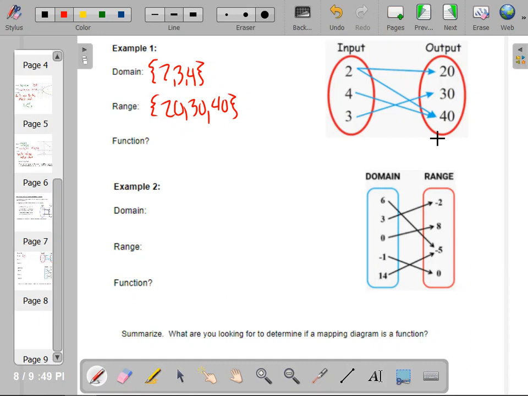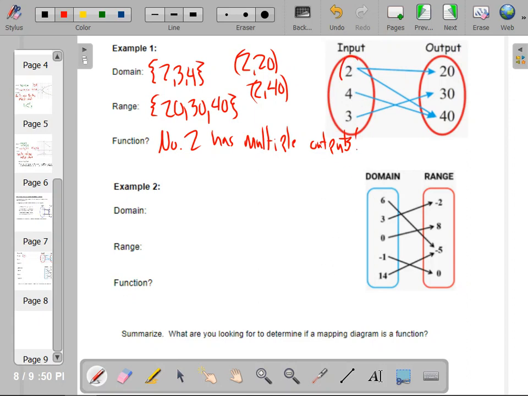If I listed out the ordered pairs, one ordered pair is 2, 20, and another ordered pair is 2, 40. Wait a minute, 2, 20 and 2, 40. Right off the bat, I know this is not a function because 2 has two different outputs. So this is not a function. 2 has multiple outputs.